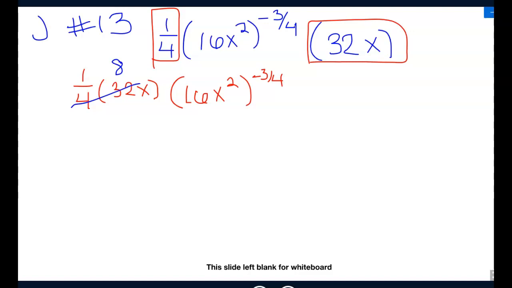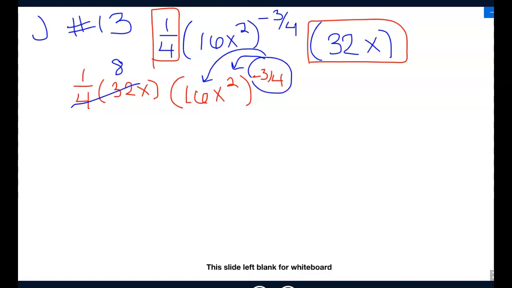Now I got to work through the inside. This exponent here does not just multiply to the square. It also goes to the 16.